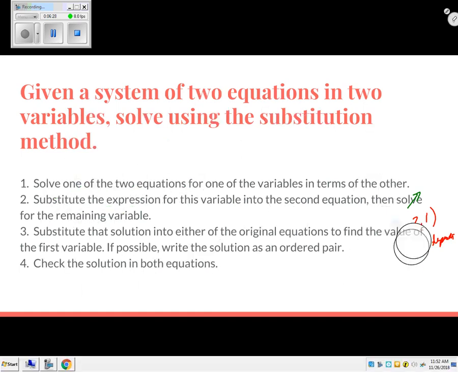So like always, I have the substitution method spelled out right here, just in Mr. Lovelady terms. What I'm going to do is look at both equations and find a variable in both equations that I want to solve for. It doesn't matter if it's x or y. It doesn't matter if it's on top or bottom. I can just solve for one variable. Once I get that one variable solved for, I'm going to jump to the other equation and do a direct substitution in for that variable that I solved for.